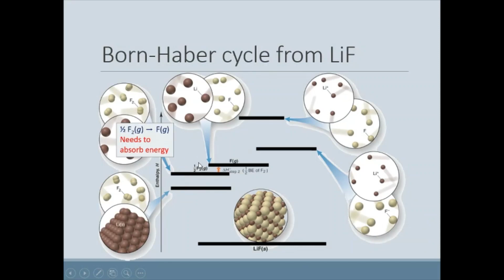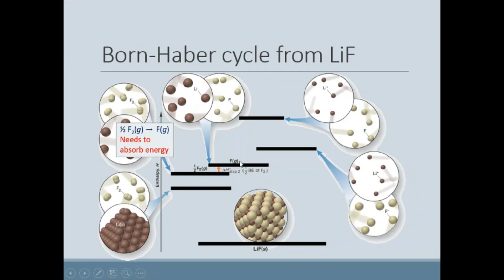So here again, we're going to have to take half of our F2, take this molecule of F2 and break the bond between the atoms, and break that bond, and break that bond, in order to get a bunch of individual Fs. In this case, you're going to use the bond energy of your F2, which will tell you the amount of energy required to split these things up.